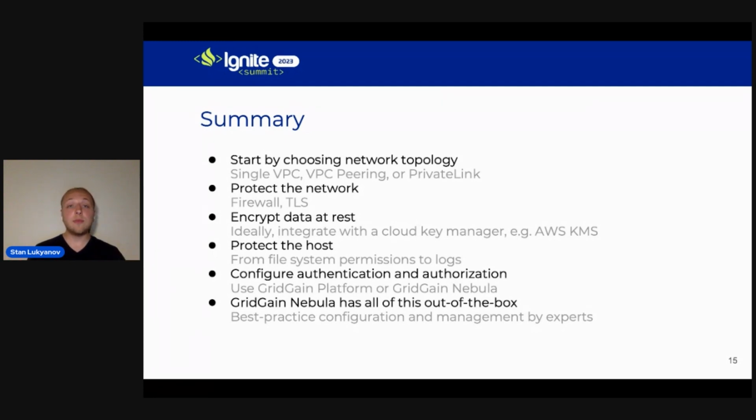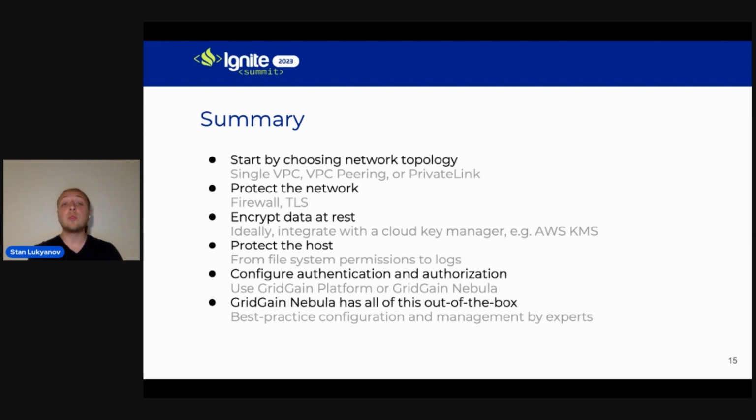Then even if you've built a secure network perimeter, you still should protect inside this network with firewall and with encryption in transit with TLS. Then you need to protect your data on the host with encryption that is available in Apache Ignite as transparent data encryption.